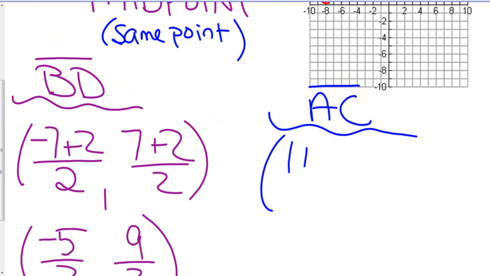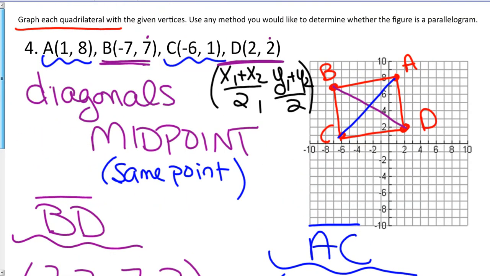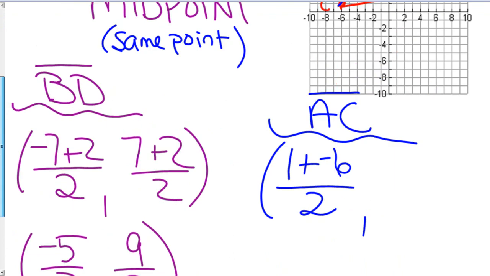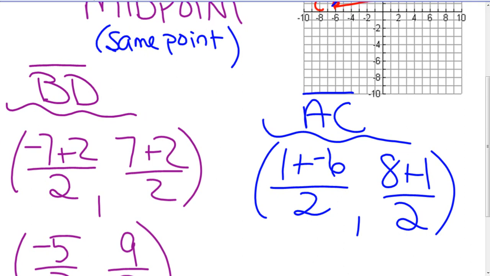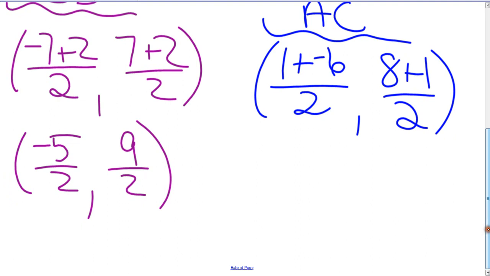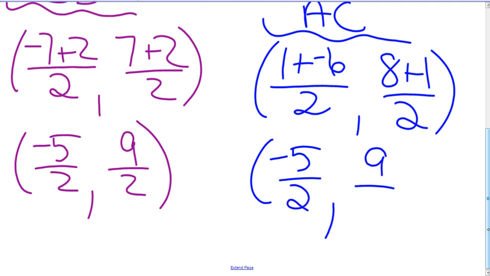So 1 plus negative 6 over 2, comma, and our y values are 8 right here and 1 right there. So 8 plus 1 over 2. And again, once I've plugged everything in, all I have to do is simplify. Oops, you notice I put my bar on the wrong side. We'll deal with that later. 1 plus a negative 6 is negative 5 over 2. And 8 plus 1 is 9 over 2.